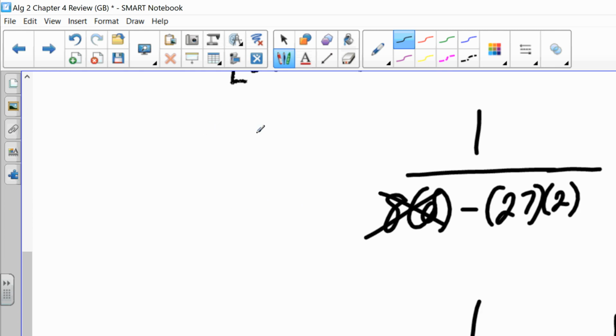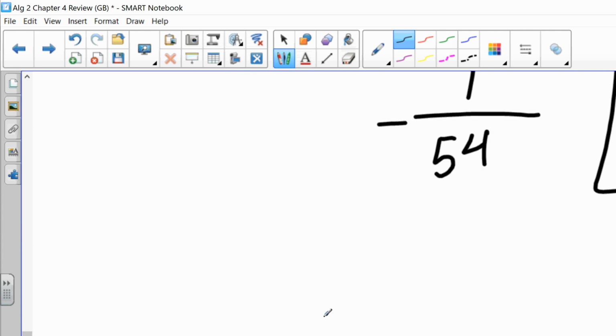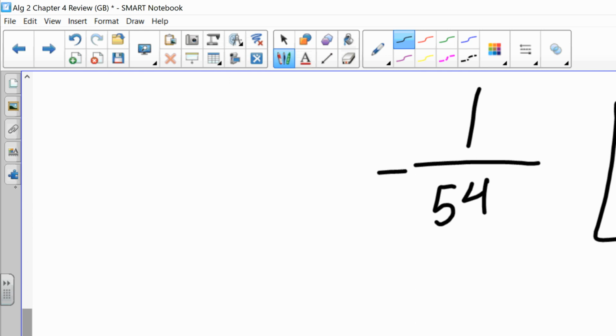Well, 8 times 0 is 0. 27 times 2 is, and this whole thing is going to be, all right, let's start off with the most challenging one first. Negative 1/54 times 0 is, okay.